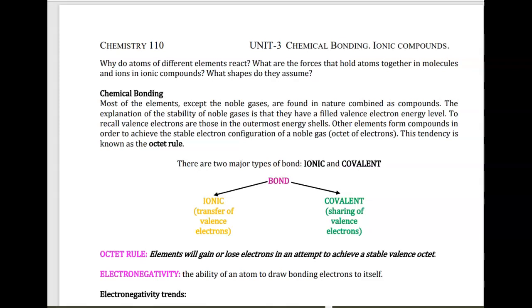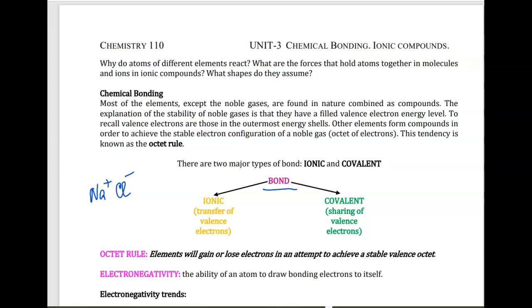So a bond which is formed out of ions, let's say we have two types of ions, sodium cation, Na+, and chloride anion, together they form ionic compounds.